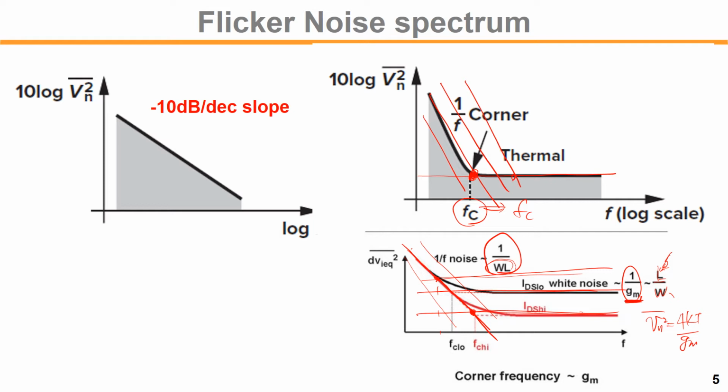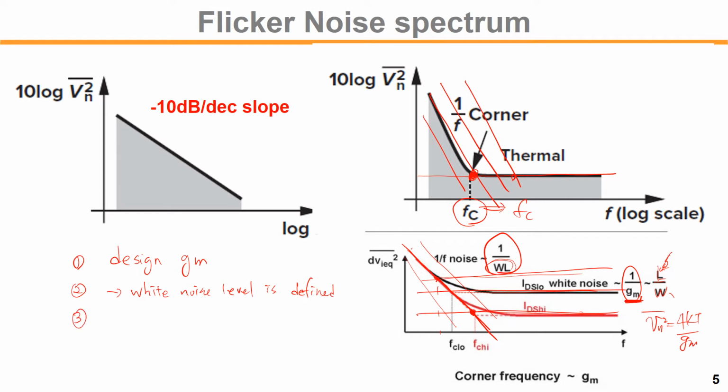So again, the first step is to design GM. Second, once the GM is defined, the white noise level is defined, right?